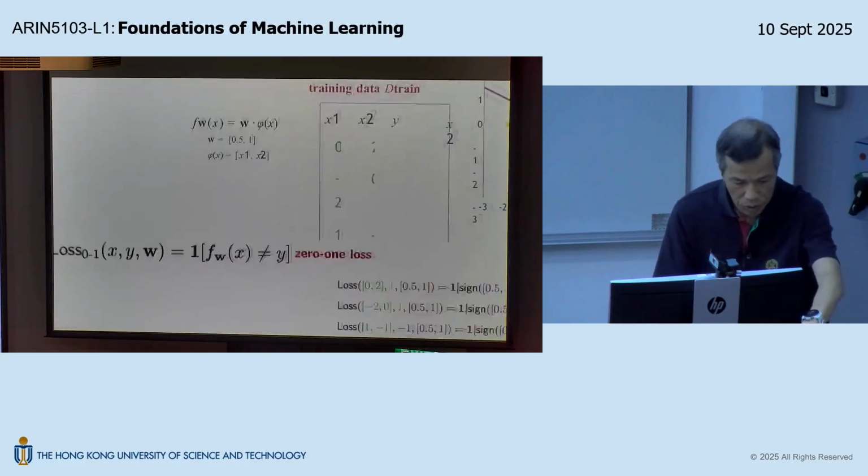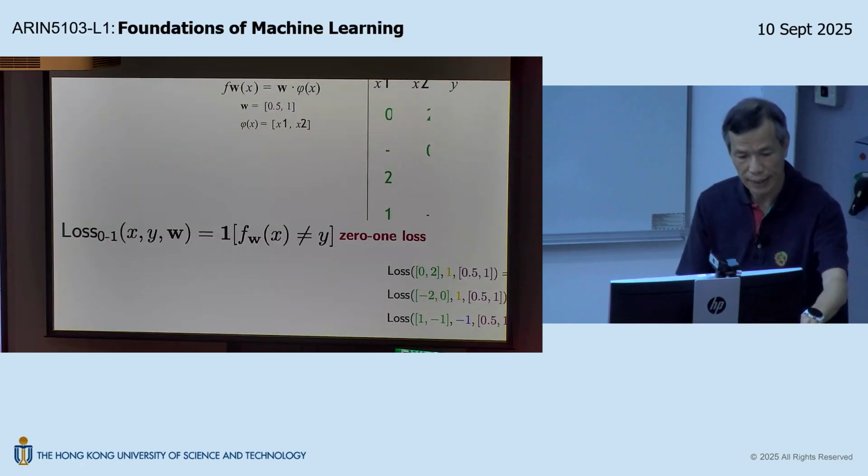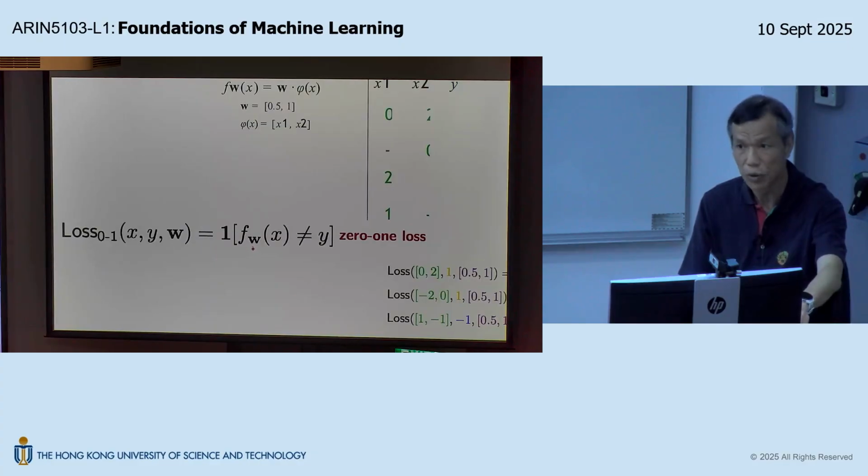That's why we can use something called the 0-1 loss. So what is this? For a particular sample (x, y), I look at my prediction, using the model with parameter w, and then I look at the training set label. If they do not agree, then this is true.